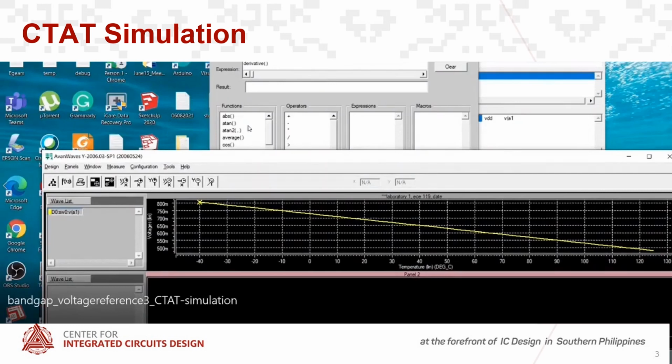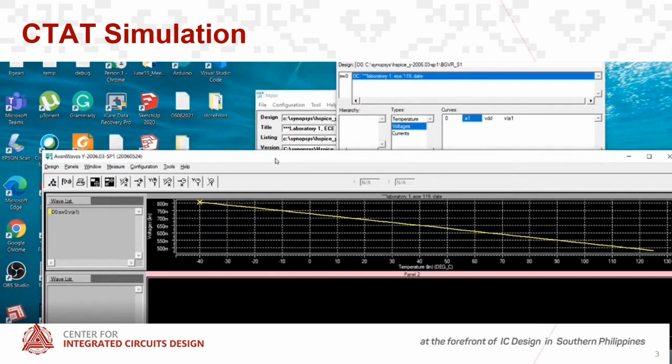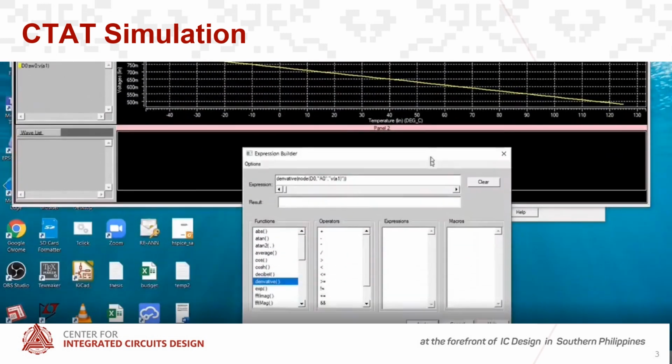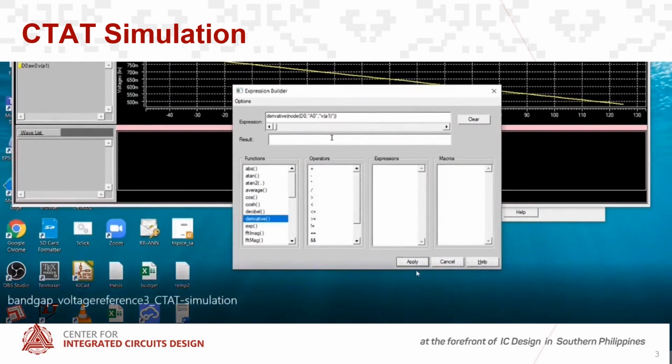So basically, to get the derivative or the slope of the voltage A1, I just hold and drag the voltage here to the expression builder. And it is important, before applying what you have put in your expression, to put a name, the result name for this expression.